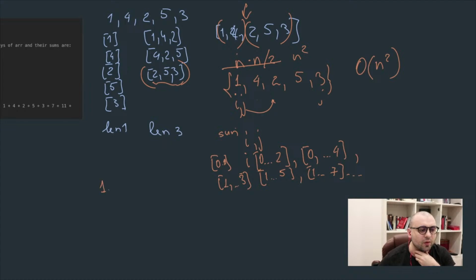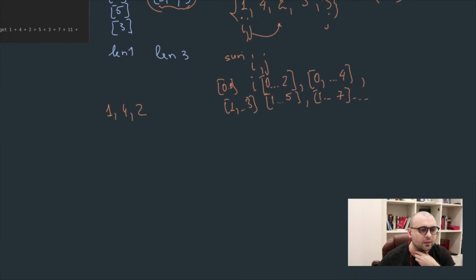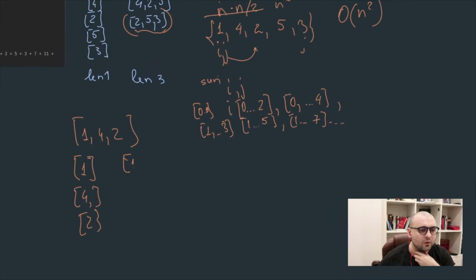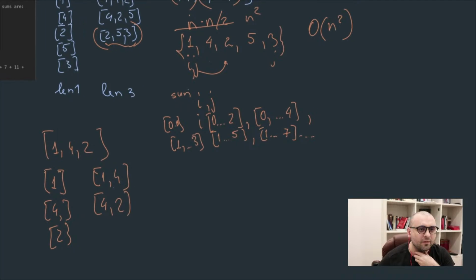So let's say the subproblem 1, 4, and 2. So let's get this subarray. The subproblem of this one will be 1, 4, 2, and then 1, 4, and 4, 2. Oh, so we have paths like this.